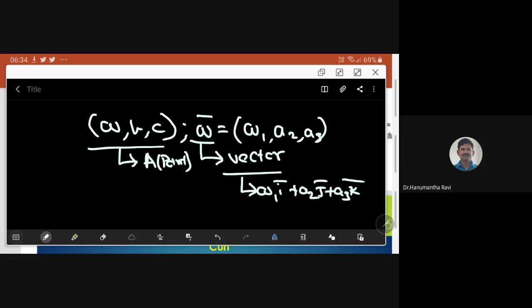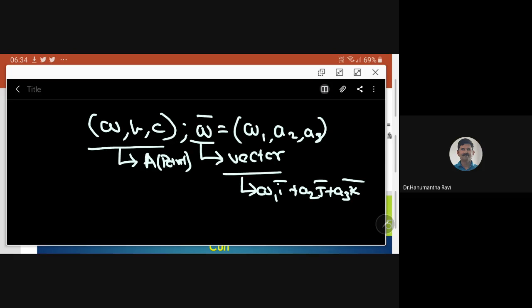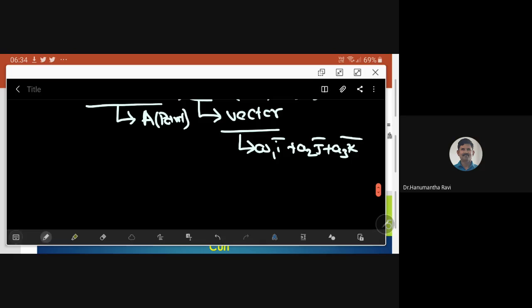Now there will be a function f. We will take a scalar valued function, not a vector function.